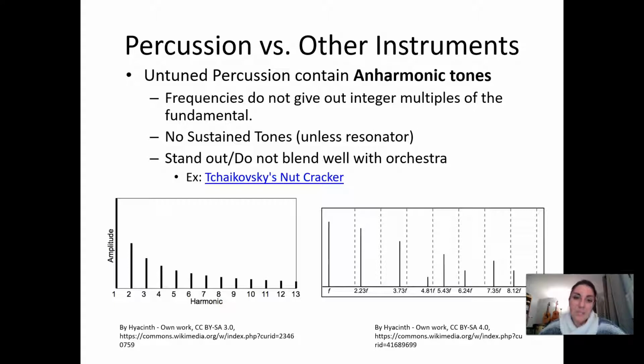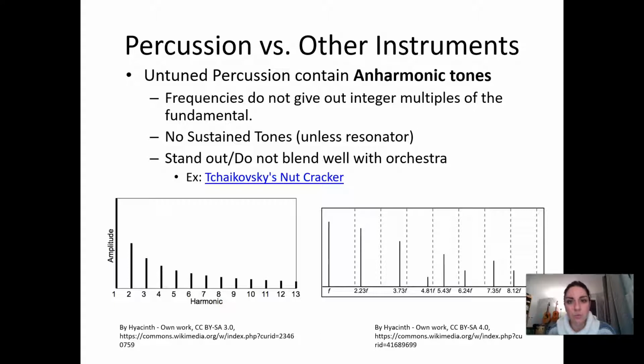And their purpose is to stand out. They don't blend like instruments in an orchestra. Orchestras that are played really nicely, it doesn't sound like 100 violins, it sounds like one. They blend. But if you hit one cymbal crash, that's not going to blend with those violins. It stands right out. One of the main characteristics of percussion instruments is that they're anharmonic.